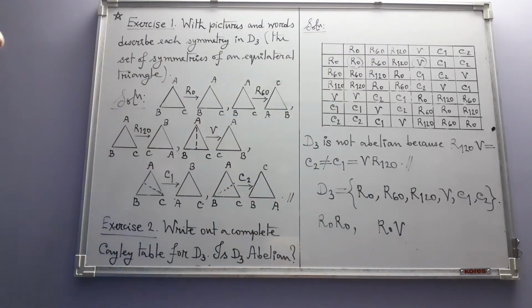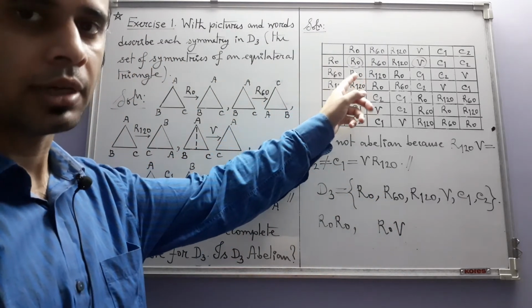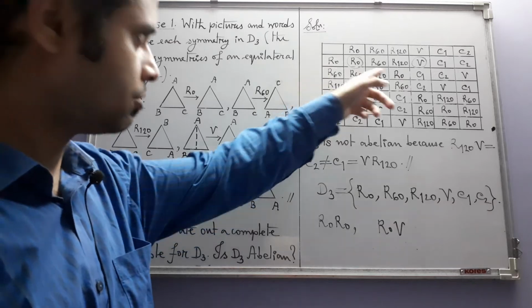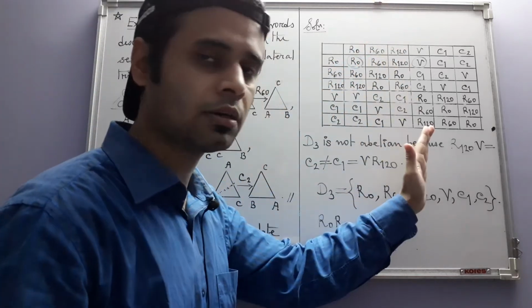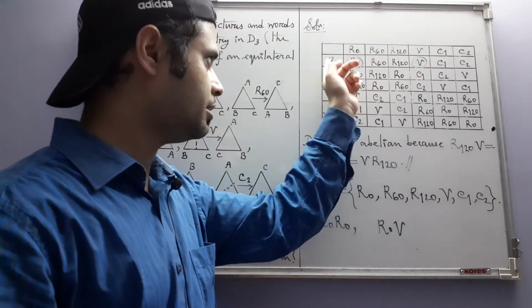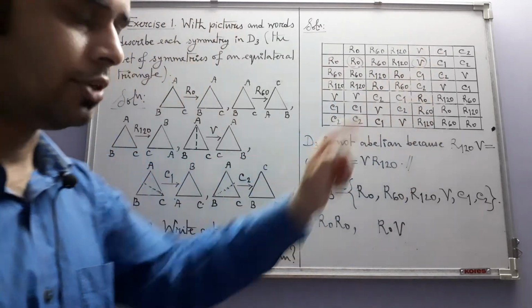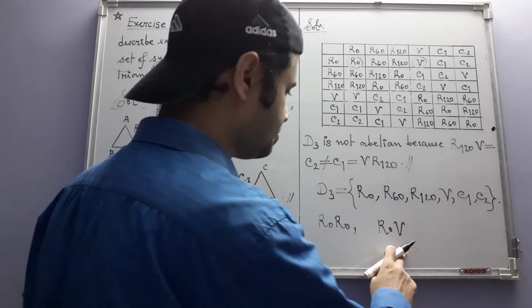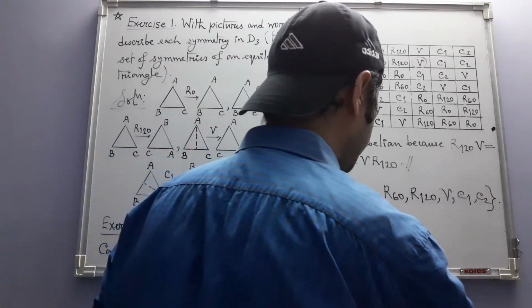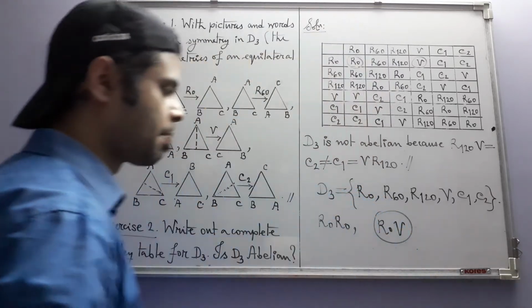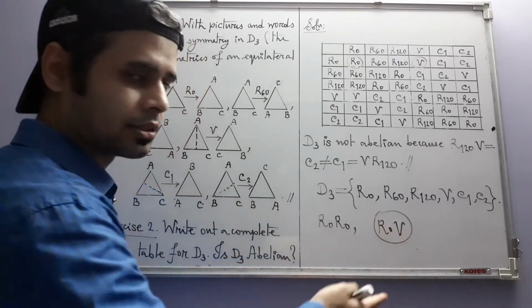First we take the entry in the row and then we take the entry in the column. So on this row we have R naught, in this column we have V. So R naught V. Now what is R naught V? We are applying V first.